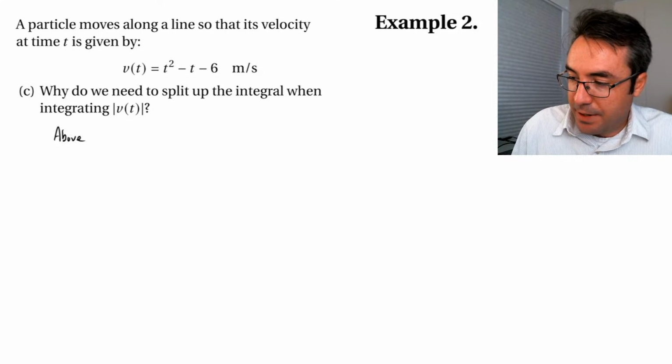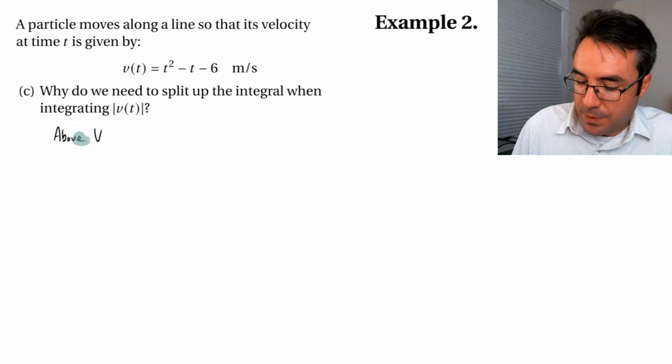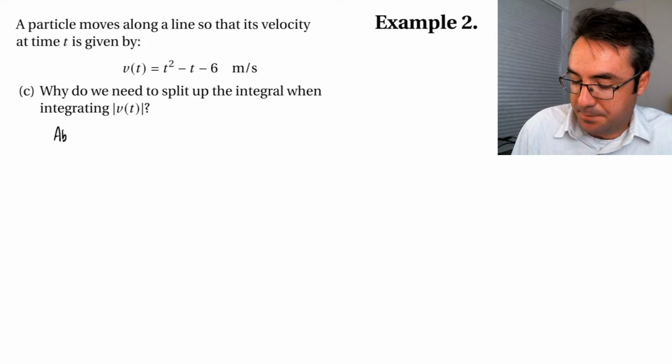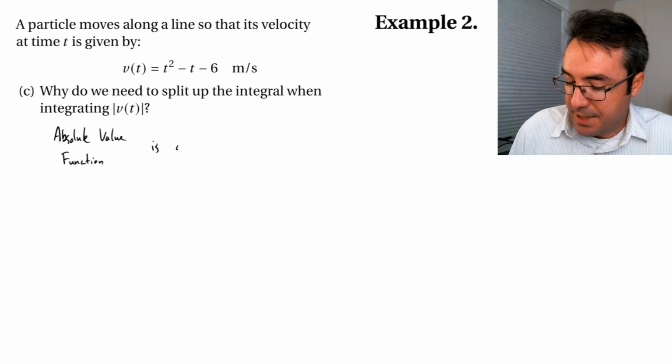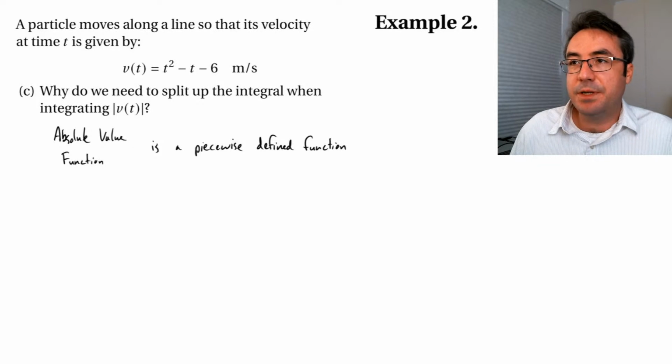And so when we integrate a piecewise function, we have to split up our integral based on where those pieces happen. So absolute value function is a piecewise defined function. And we actually looked at an example of this last time where we did the area under a piecewise function. Kind of was like a triangular region and then a rectangular region.